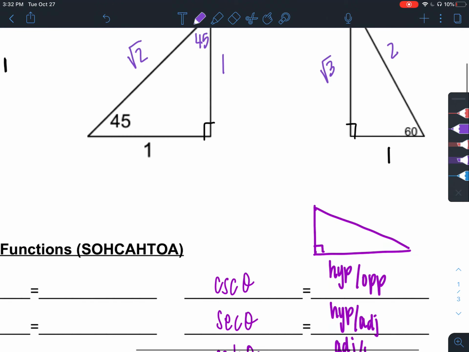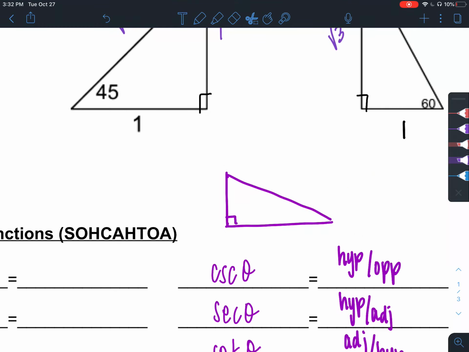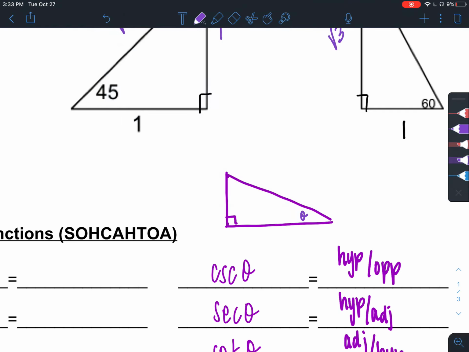Okay, here I want to talk about maybe this triangle first. So if this is my theta right here, my opposite side is going to be the one that's exactly across from theta.